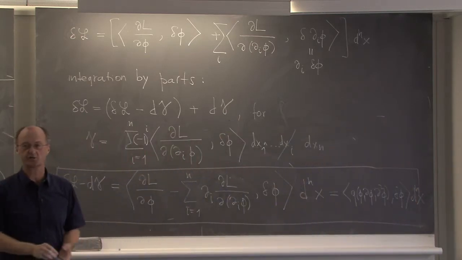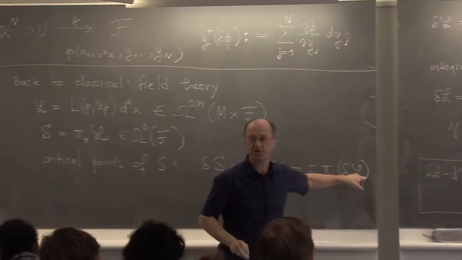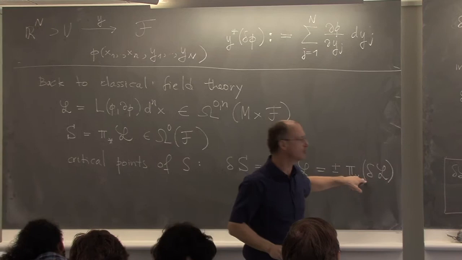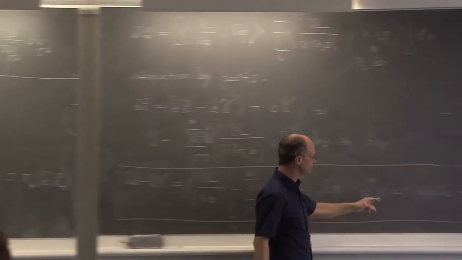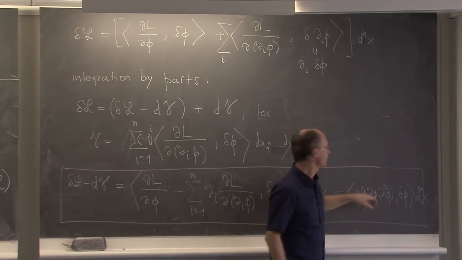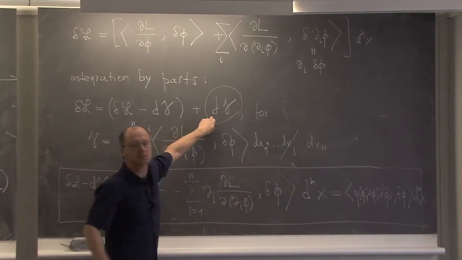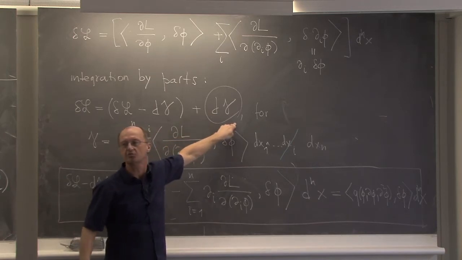Right? So this expression, we split this differential of the Lagrangian form into something which defines the Euler-Lagrange equations, and the differential of something.